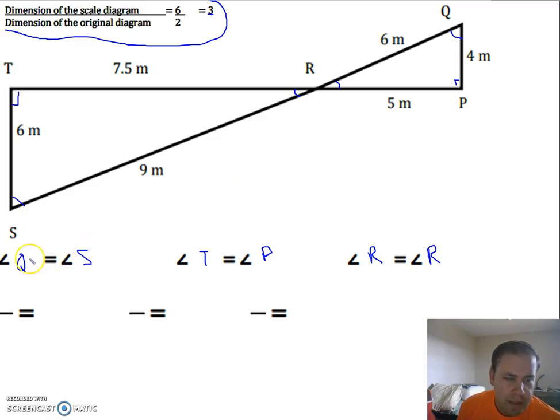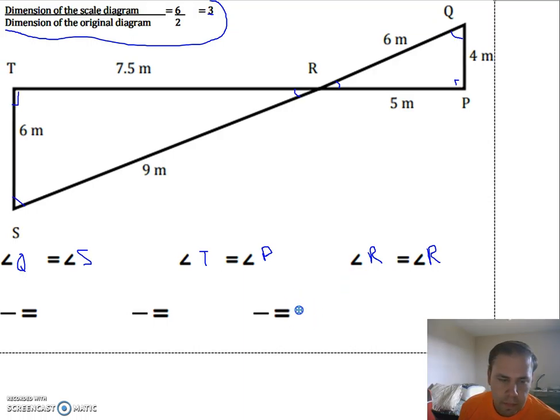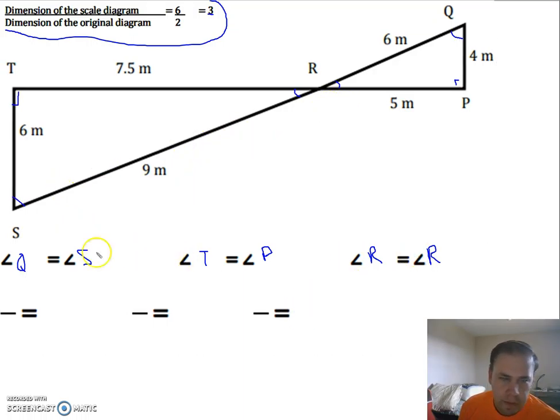Now let's take a look at our fractions here to figure out if our scale factor is actually fully correct. So if I took the original measurements here, side QR, which would be 6, side QP, which is 4, and side PR, I left those as the denominators because those were the originals. And then I put in the dimensions of the new scale diagram.